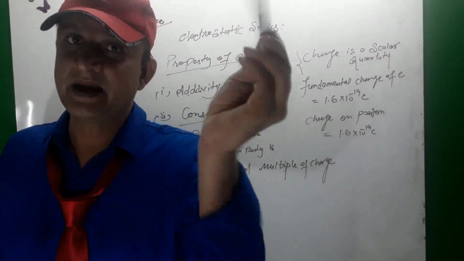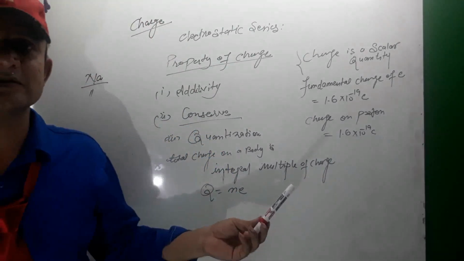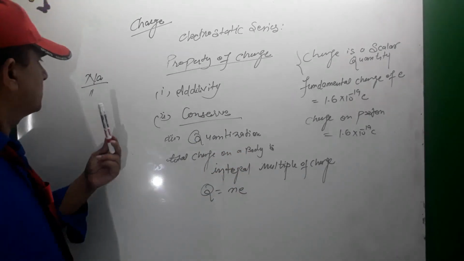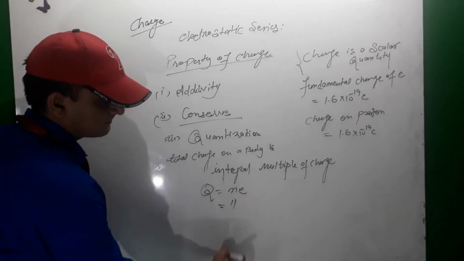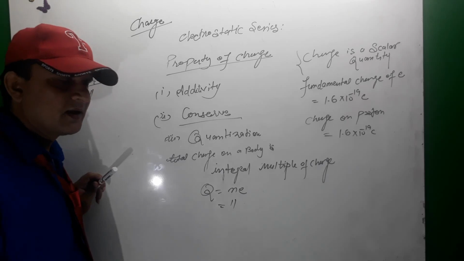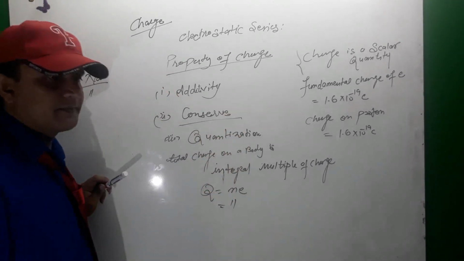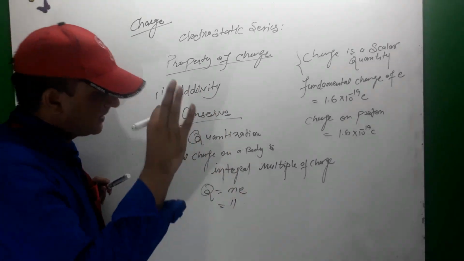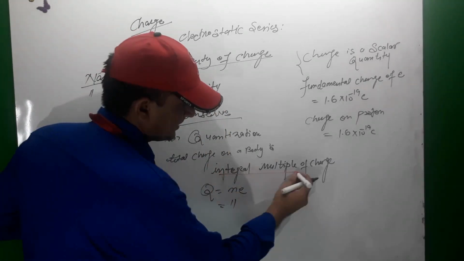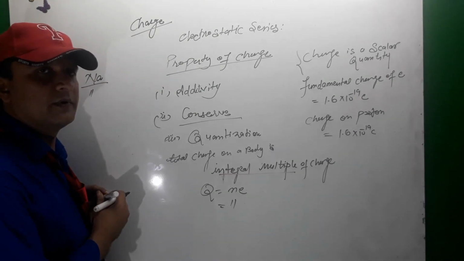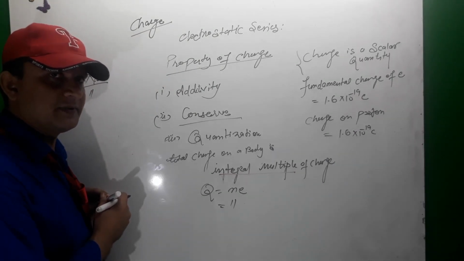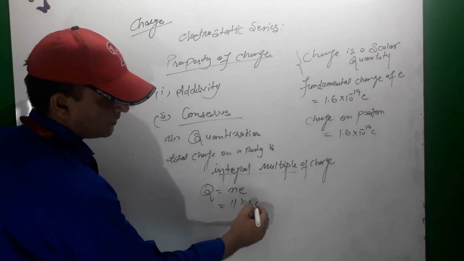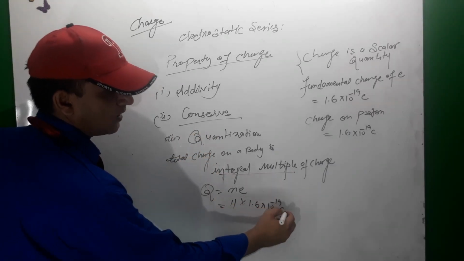Sodium has 11 electrons. Now you multiply it by the charge of 1 electron. Here the word used is integral multiple. Integral means integer multiple. So what is the value of 1.6 into 10 to the power minus 19 coulomb?